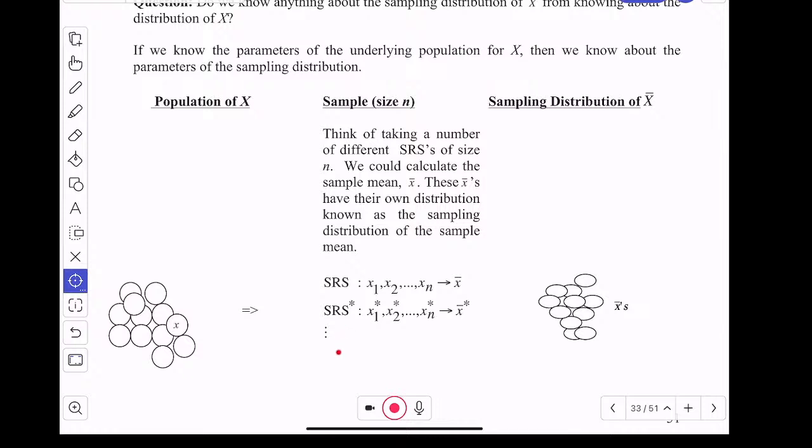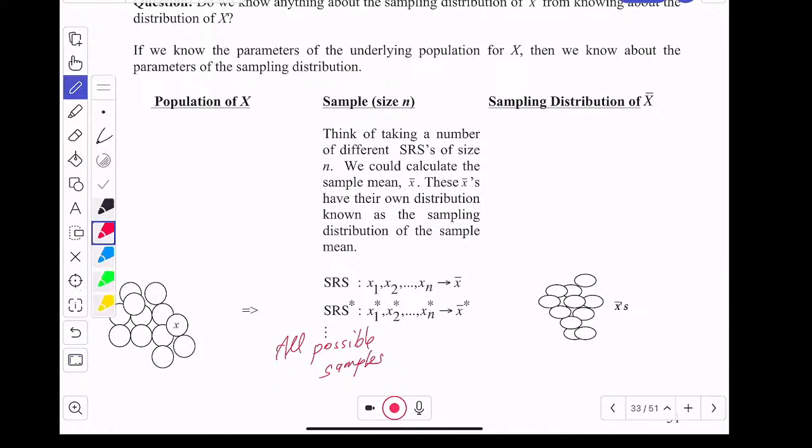So if I did these repeated samples, think about all possible samples, and I put my findings into an Excel spreadsheet, what do you expect? What would you know about these sample means?